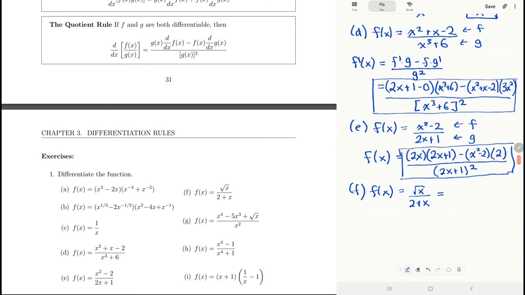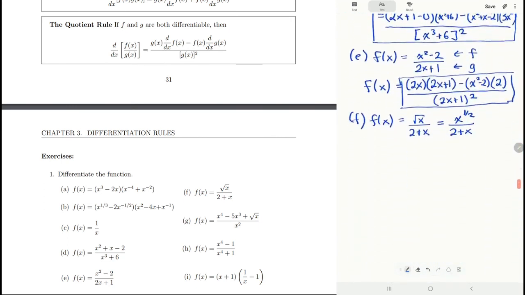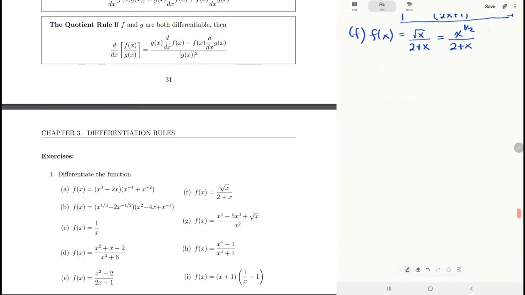In the next example, we have the root of x over 2 plus x. So let's first rewrite the square root as an exponent. That's x to the 1/2. That's all over 2 plus x. And once again, we have the quotient rule. So the derivative is going to be f prime times g.